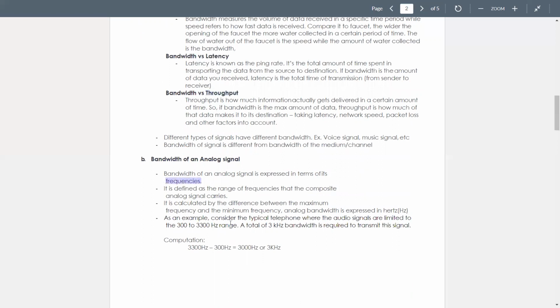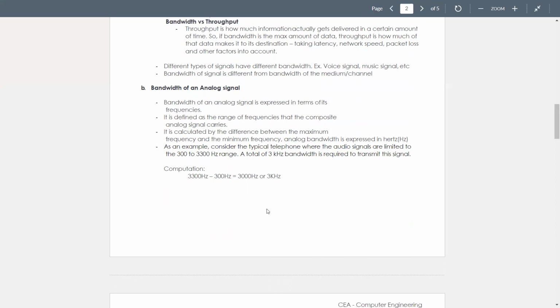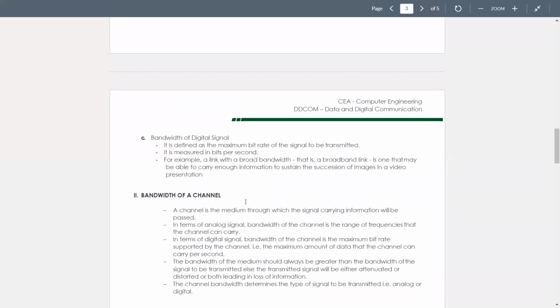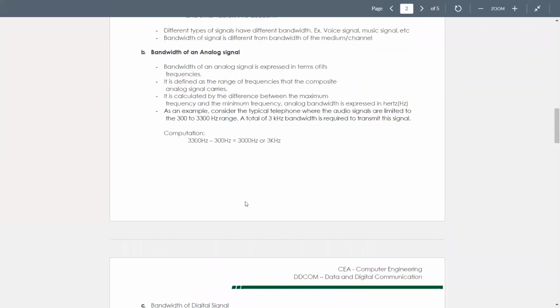The bandwidth of an analog signal, in terms of frequency, is defined as the range of frequencies that the composite analog signal carries. I guess this is very simple: kilohertz. That is the bandwidth for analog.